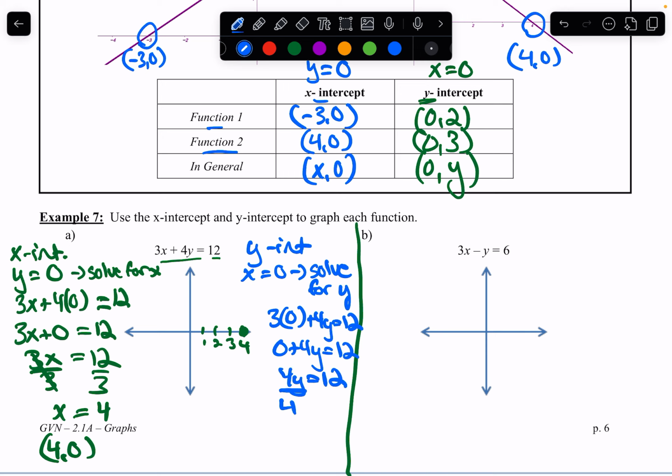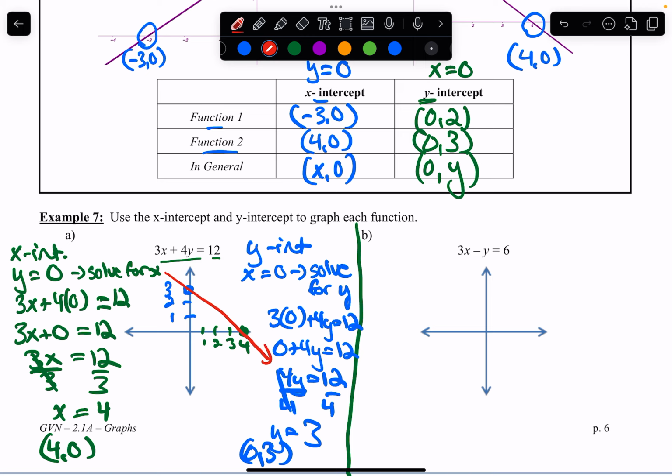We divide by 4. Y equals 3. So we get (0, 3). 1, 2, 3. There we go. And then for graphing, we connect the points like this.